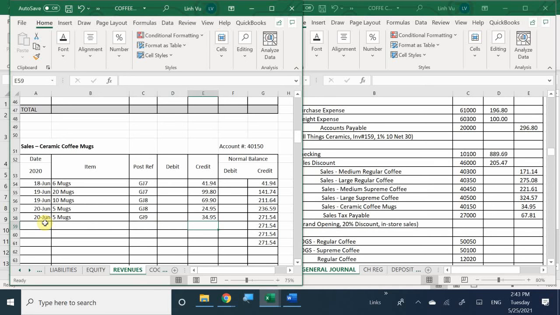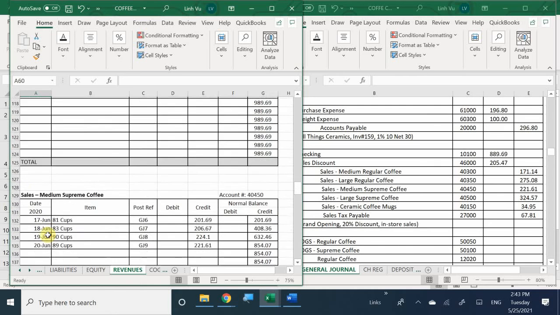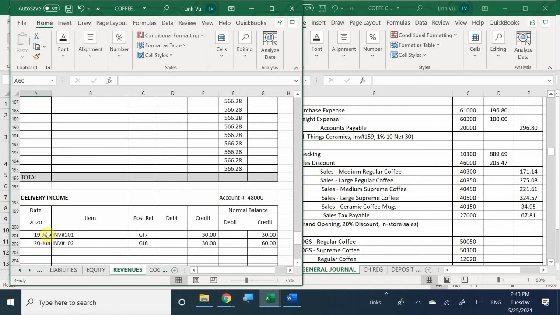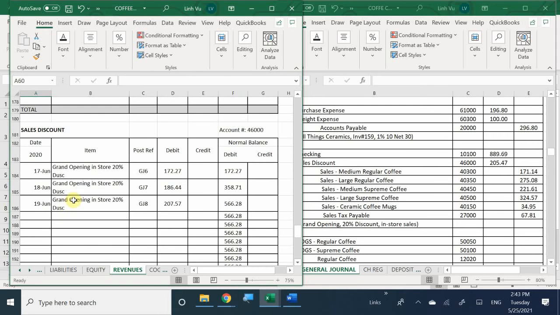And since we're being good people and giving discounts away, hopefully the coffee's good and they keep coming back when we go to regular prices. We're going to go down to discounts. Sales discounts.